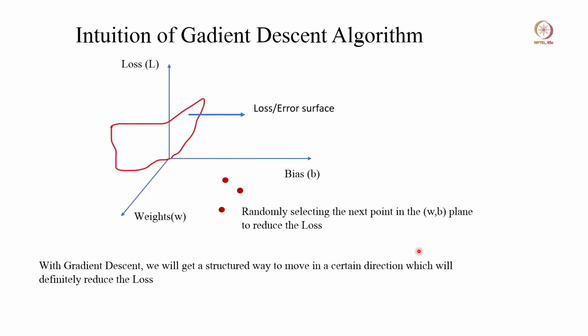Now, if we use the gradient descent algorithm, we get a structured way to move in a certain direction which will definitely reduce the loss. So, the gradient descent algorithm actually gives me a structured way to understand in which direction I should move so that my loss gets reduced.